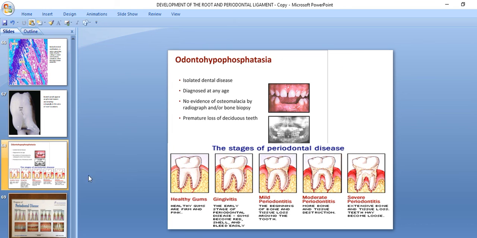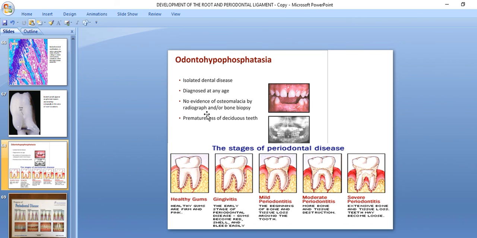And here you can see odontohypophosphatasia, a condition in which there is reduced activity of tissue non-specific alkaline phosphatase. It is a rare autosomal recessive disease in which there is a marked deficiency in the presence of both acellular and cellular cementum.